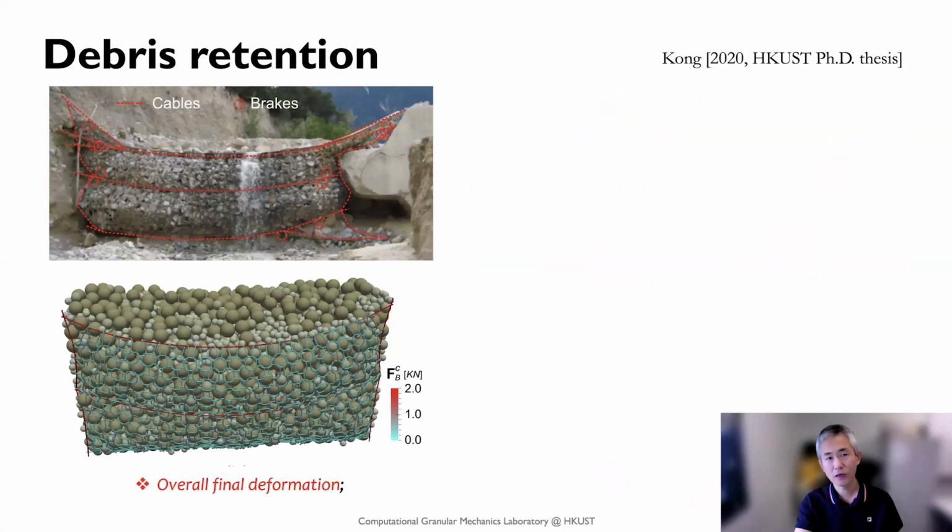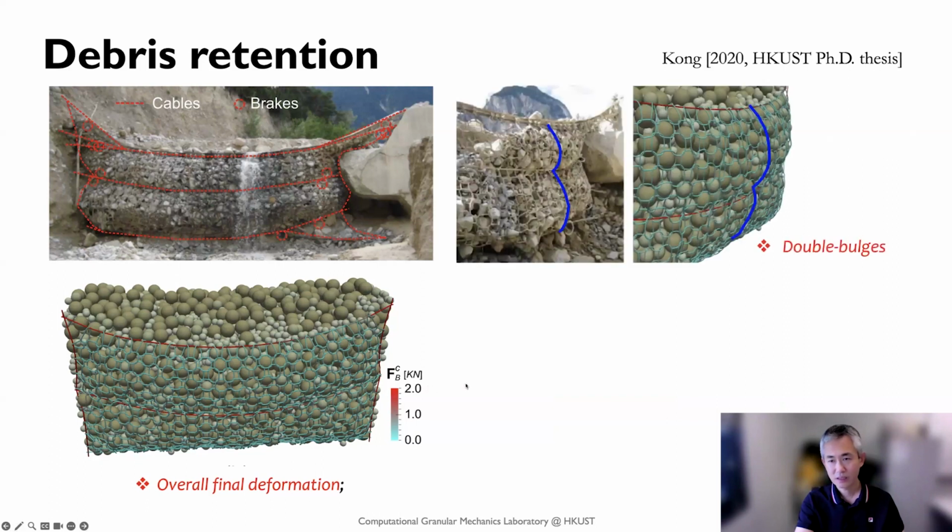This is a further comparison of how the ring net can retain the debris. This is a real picture of a real ring net barrier after a debris flow impact here. And this is our simulation, and you can see qualitatively that they are quite similar.